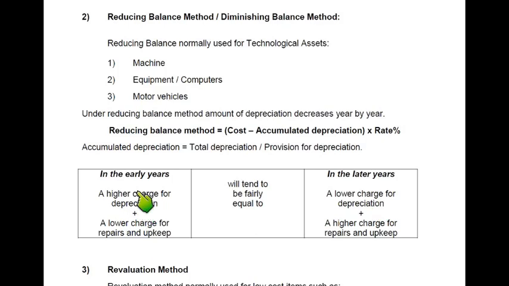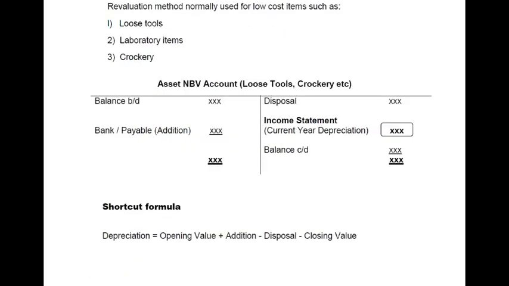So this is somewhat balanced. If there is low repair and maintenance, we'll be charging higher depreciation, and if there is higher repair and maintenance, we'll be charging lower depreciation. So in the reducing balance method, there is high depreciation in early, initial years, and low depreciation in future years, and vice versa for repair and maintenance. So this was the second point.